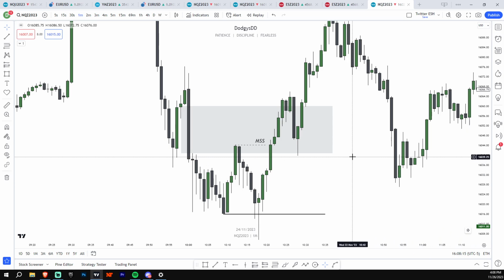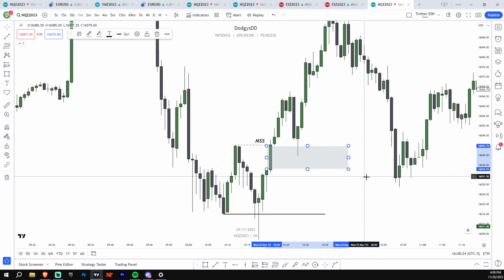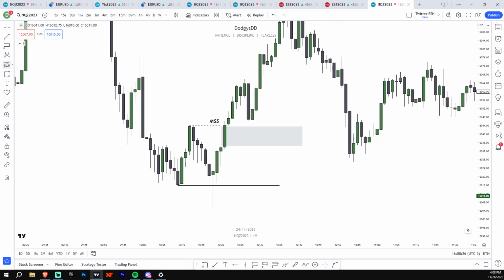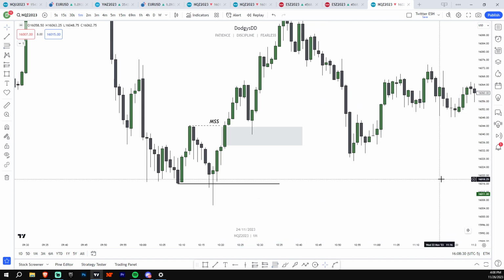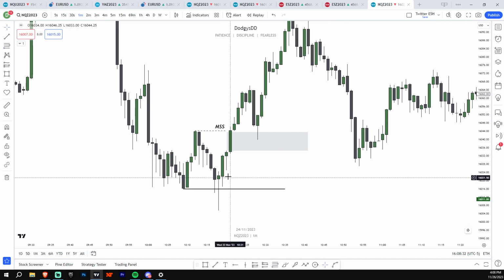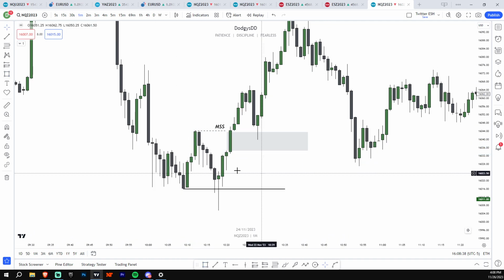You can see in this setup, we come up, we go back down, retracing this river valley gap. Here's a 2022 model. Does everyone understand why this is a 2022 model? And it's a breaker as well. So it's a breaker model.